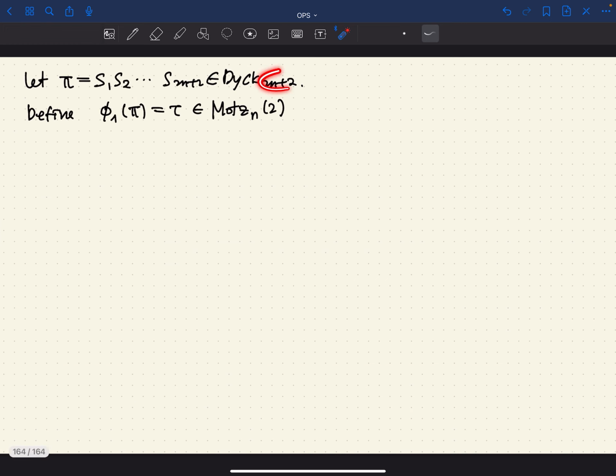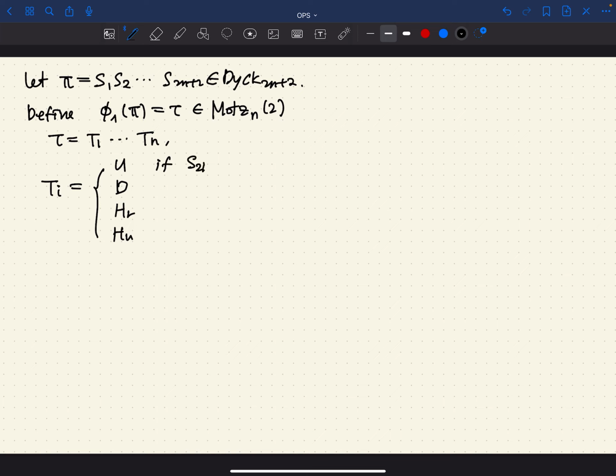But this becomes this, where tau equals t1 through tn, where ti is defined exactly the same way, u, d, h, r, h, u, but here s_{2i+1} equals uu, dd, ud, du, like that. Up, up, down, down, up, down, down, up.